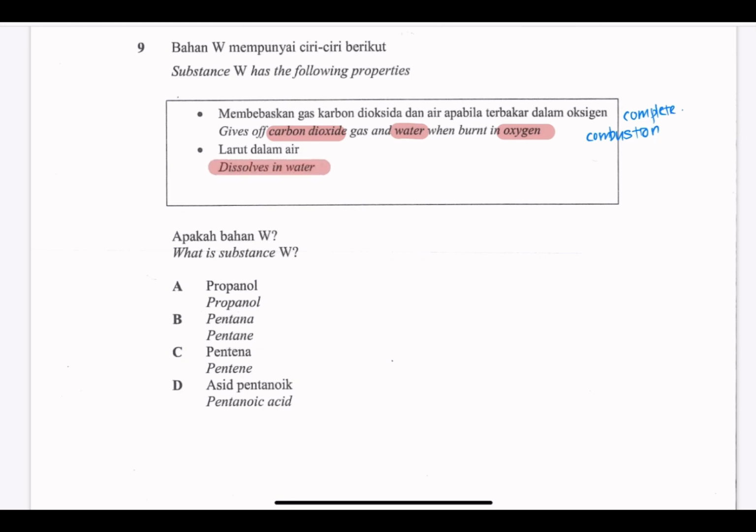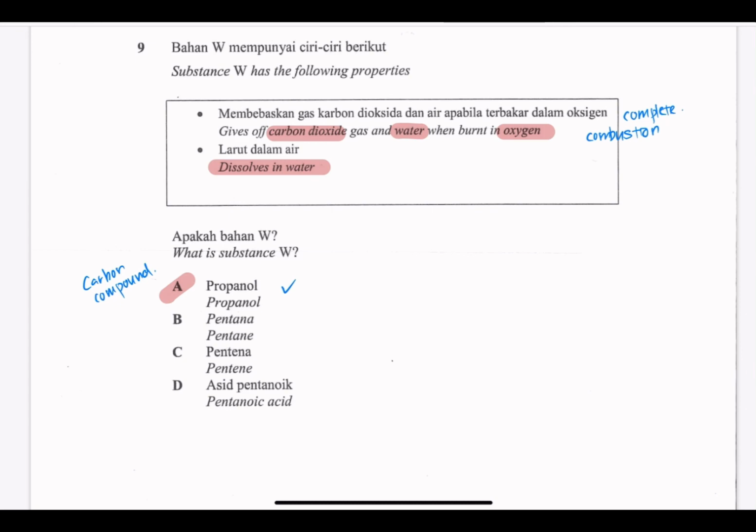Okay, we go through the answers. Propanol, pentane, pentene, pentanoic acid. All these we learn in our carbon compounds. Which one can be burned? Propanol, pentane, pentene and pentanoic acid can all be burned, but only propanol can be dissolved in water. So the answer is A.